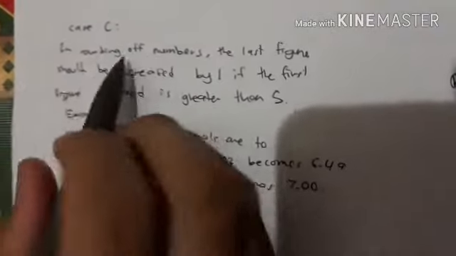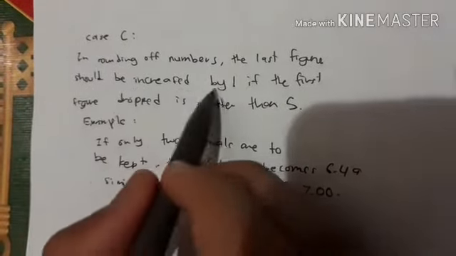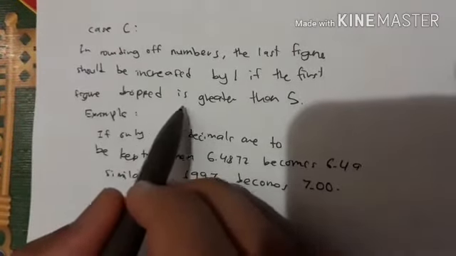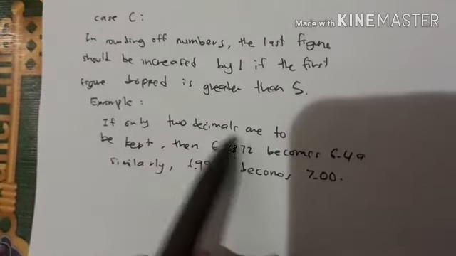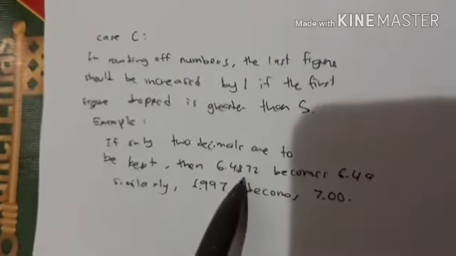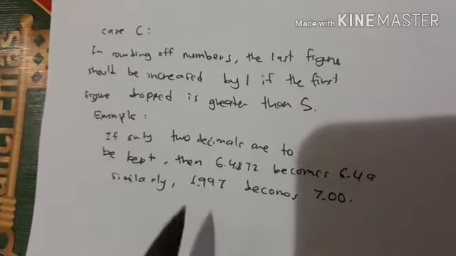Okay, and the last case is, in rounding off numbers, the last figure should be increased by 1 if the first figure dropped is greater than 5. Example, if only two decimals are to be kept, then 6.4872 becomes 6.49.